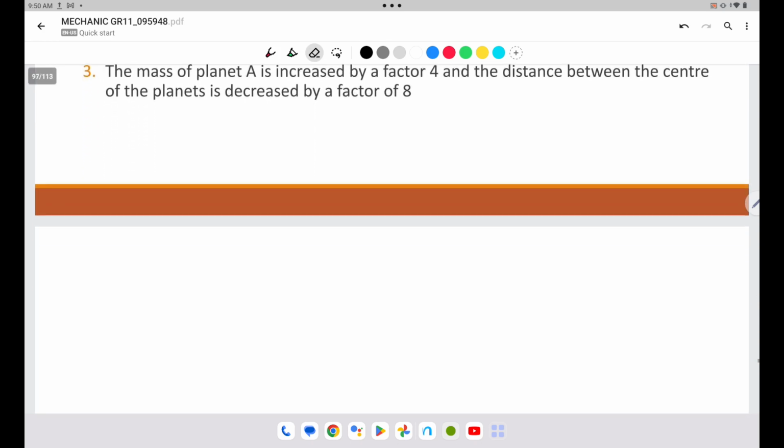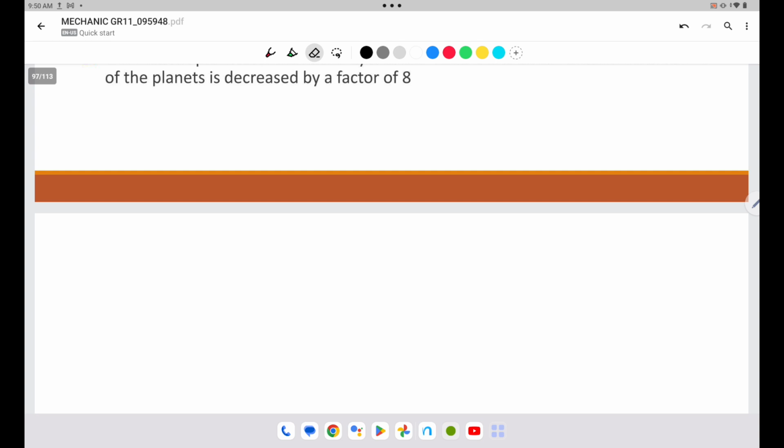To figure that out, we need a formula. The formula is F, gravitational force, equals G m1 m2, where m1 is the mass of object A and m2 is the mass of object B, because those are the two objects we're talking about, divided by r squared.